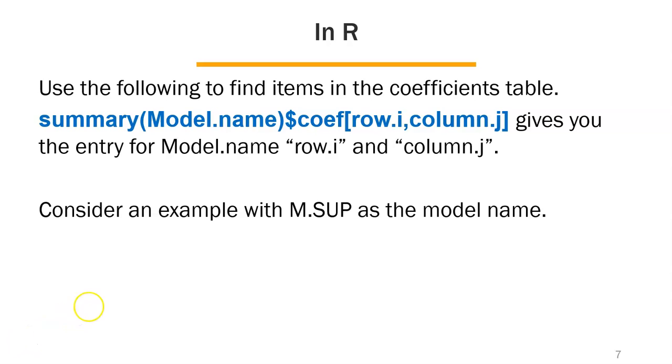All right, so something that you might have noticed, hopefully you followed along in the demonstration in the code, is that you can pull out specific values from the table of coefficients. So again, it's summary. You enter the model name, then the $ sign, then coef, and then in the brackets you're going to put the row you want and the column you want, and that'll give you that entry.